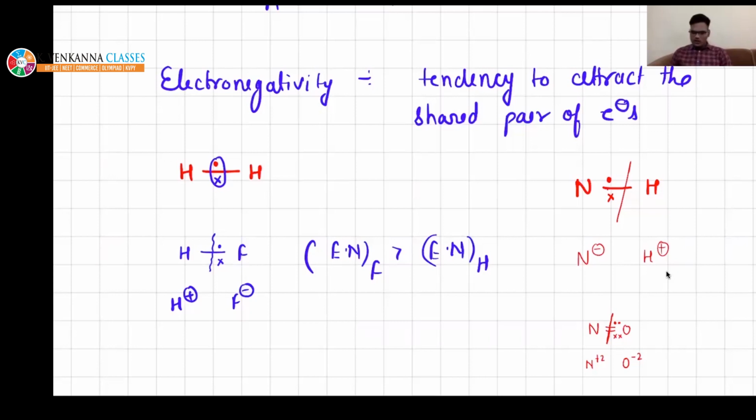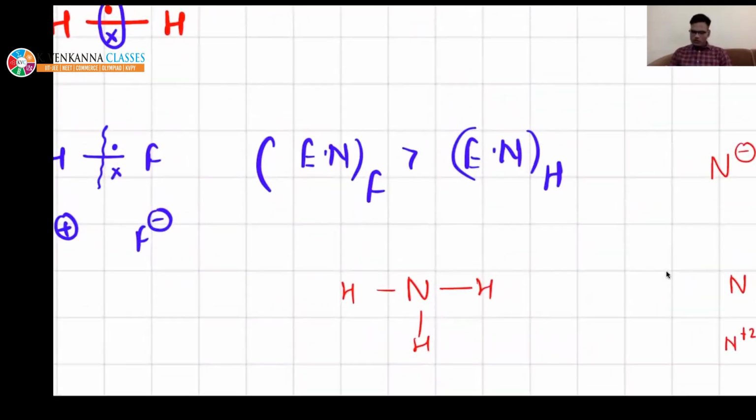So let's say there is ammonia. If you want to break it, as I have told you, nitrogen is more electronegative than hydrogen. Then what will you do? You will bring -1, -1, and -1 from the bottom. So nitrogen will have -3, so it will have a -3 oxidation state.